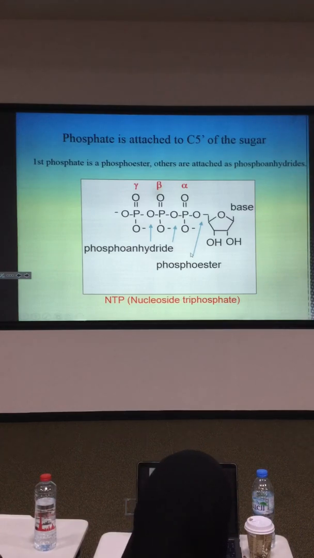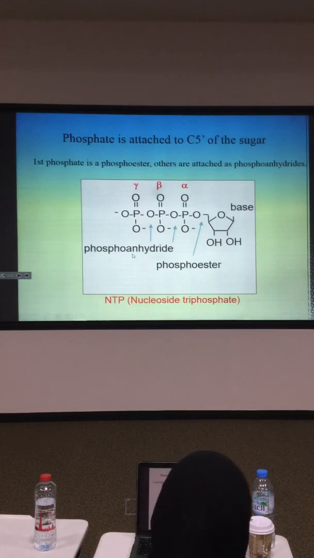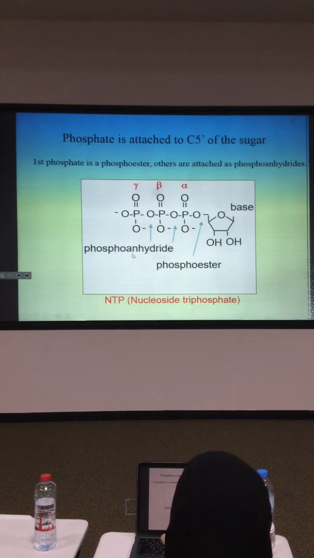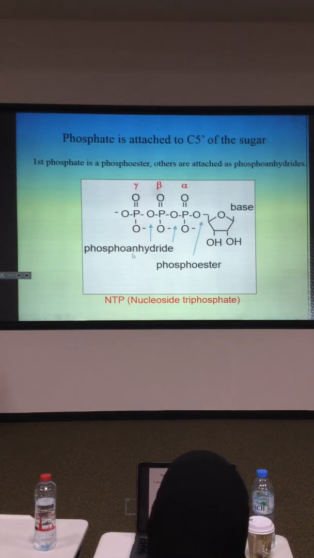The rest of the two phosphate groups, connected with the phosphate, are known as phosphoanhydride. There are two phosphoanhydrides and only one phosphoester. It is similar to esterification, a phosphate with the hydroxyl group of a carbon, at 5 prime.